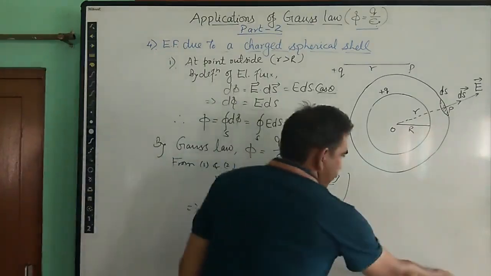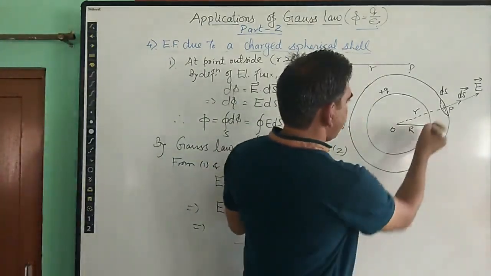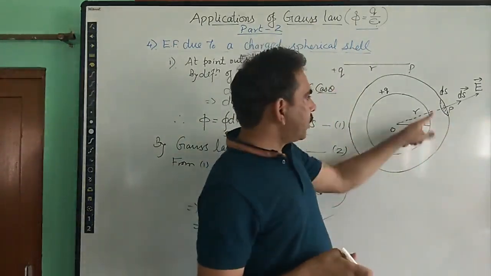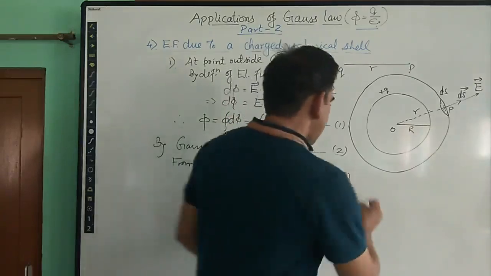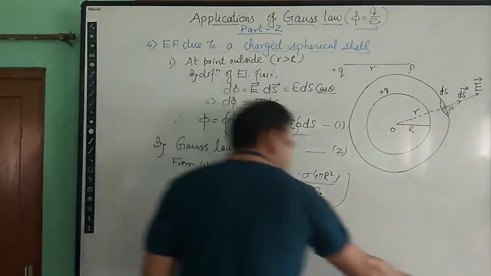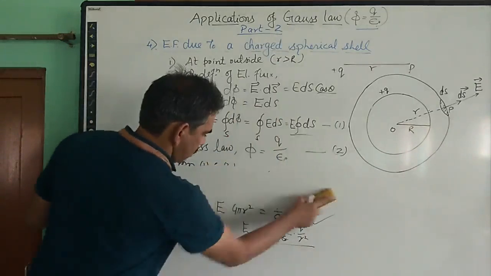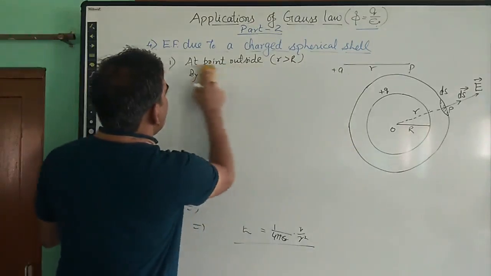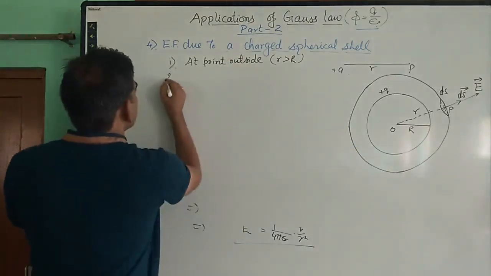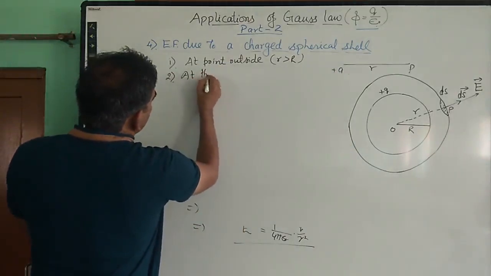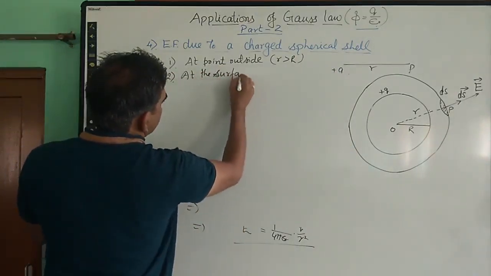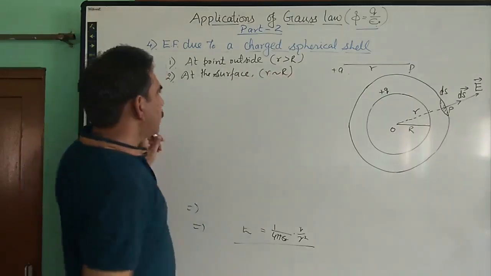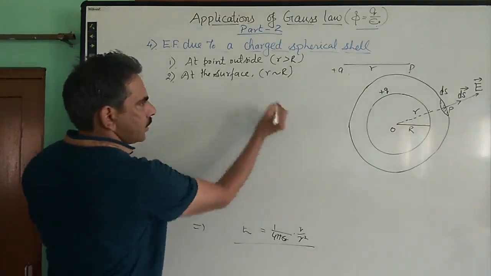Okay, now what if we are willing to find out the electric field just outside the surface, near the surface, so that r is very nearly equal to capital R. This is just outside this spherical shell.